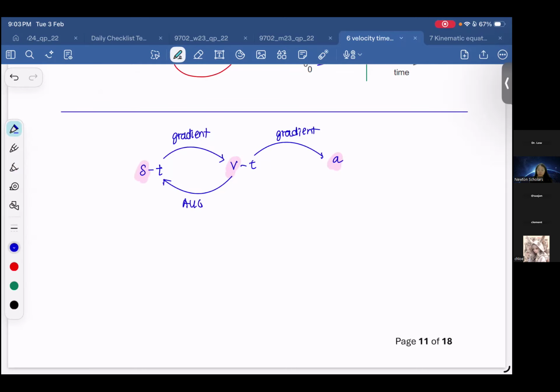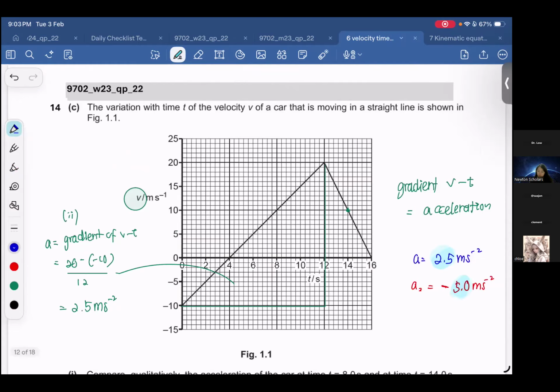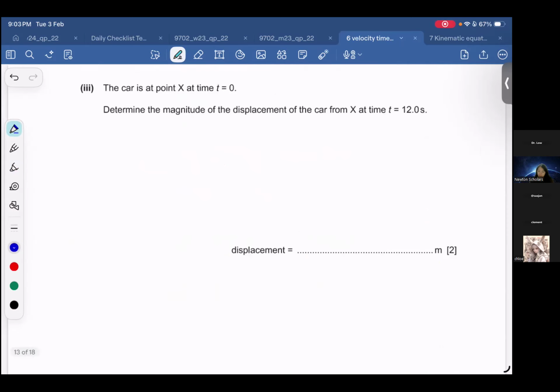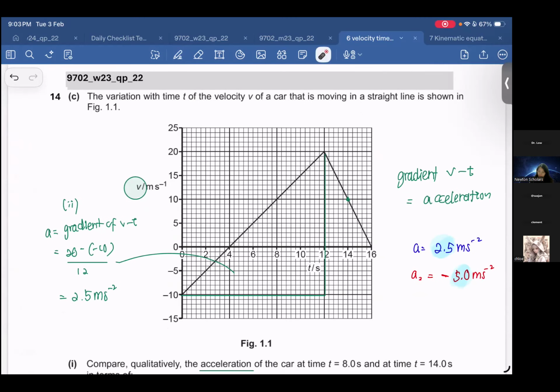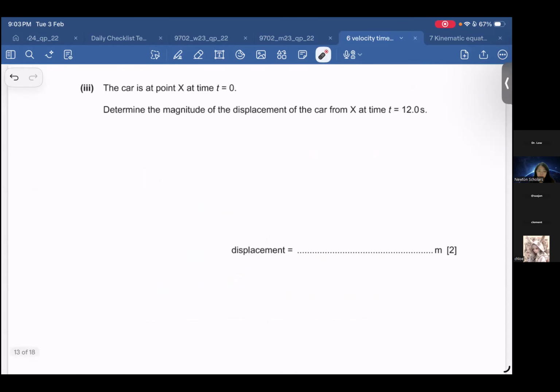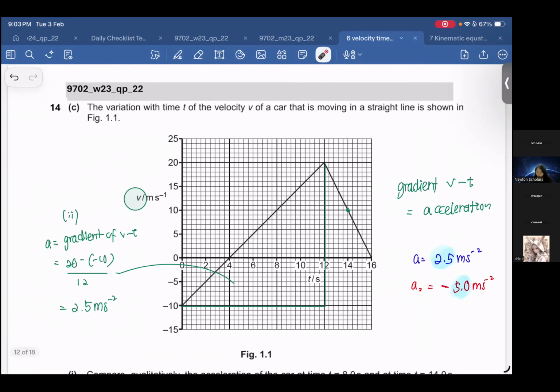Okay, so next question asks: the car is at point X at time equals 0. So that means starting here is at point X. Then determine the magnitude of displacement from X at time 12.